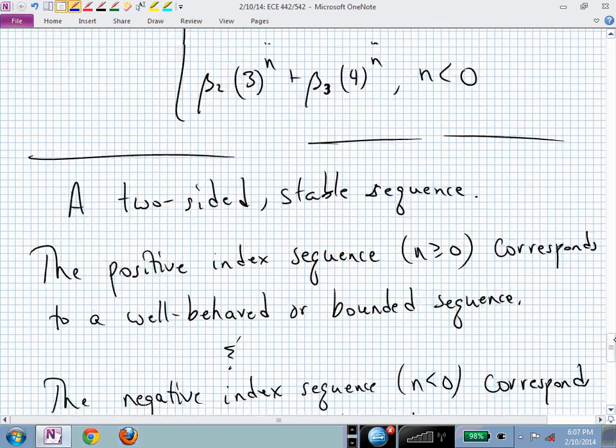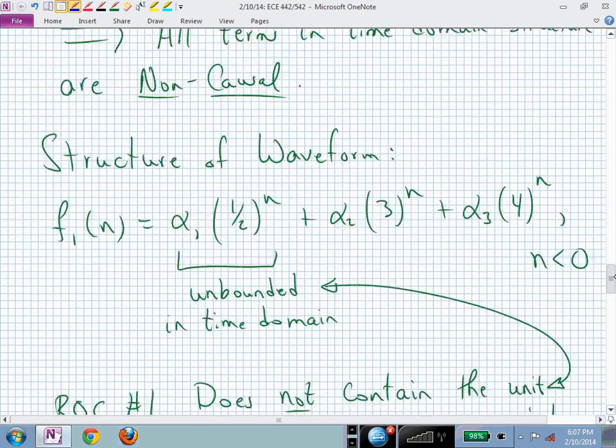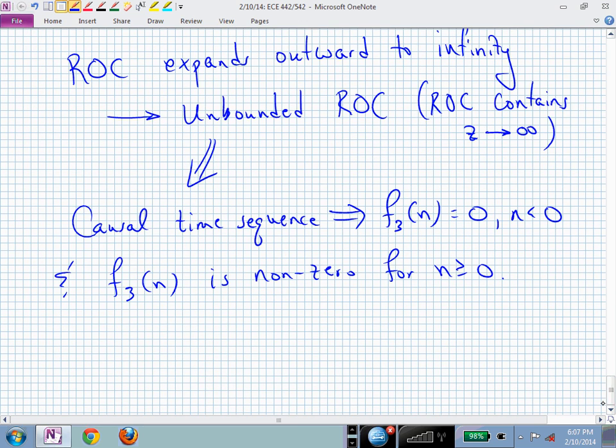If we go back to this region, how is that region related to the unit circle? Is the unit circle contained in this blue region of convergence? No. So what do we know about the time domain behavior? It's not a bounded behavior, is it?